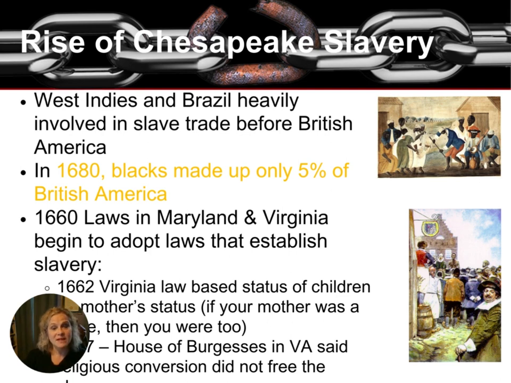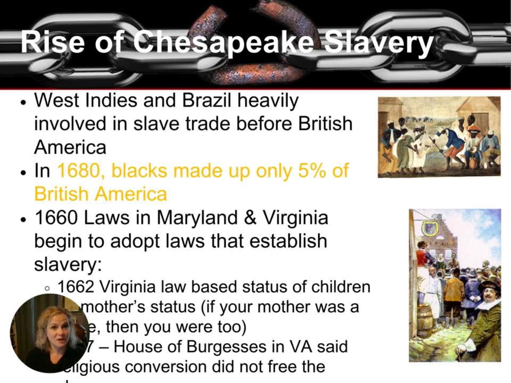This really begins to change in the late 1660s. Laws were starting to mimic the Barbados slave codes, which we'll talk about in just a little bit. Basically, they started differentiating between race and indentured servitude, and they also created a system.